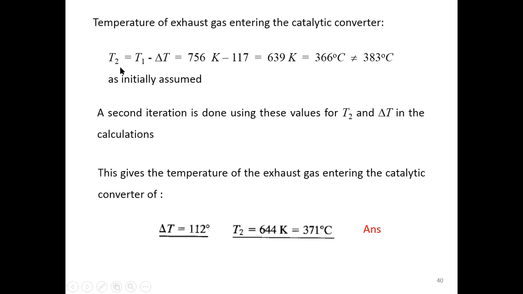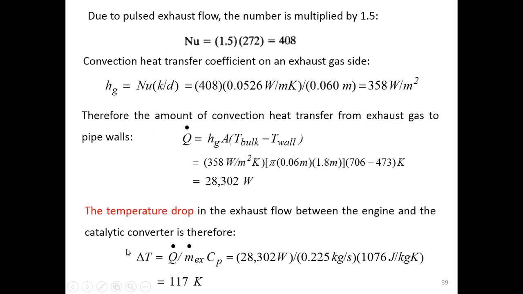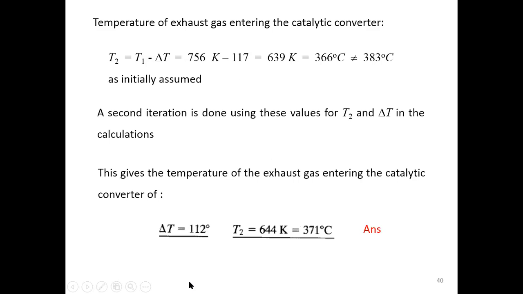So the entering exhaust gas temperature to the catalytic converter will be 639 Kelvin, not 383 as we assumed before. It becomes 366. And then we use this to go over our process again, until we come up with a delta T that is closer to this amount. It depends on how close you would like to get, then you can finish.